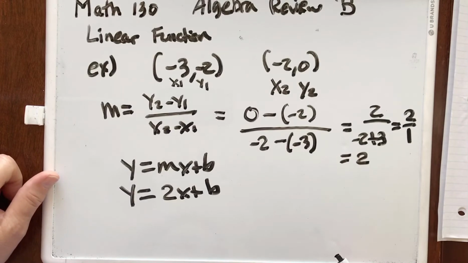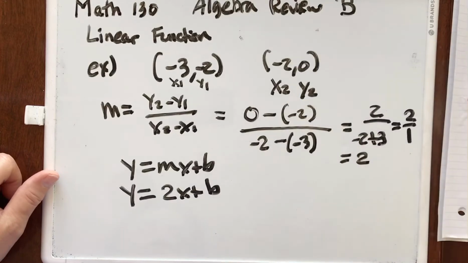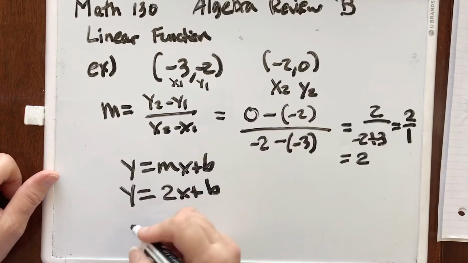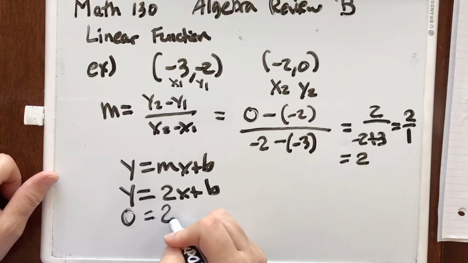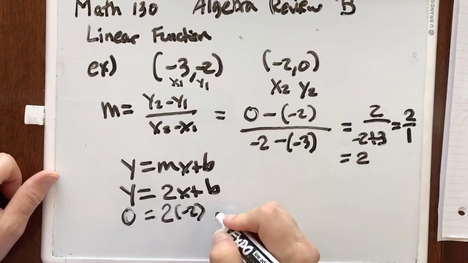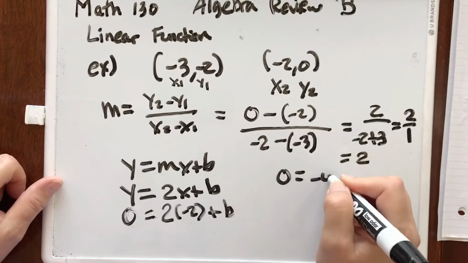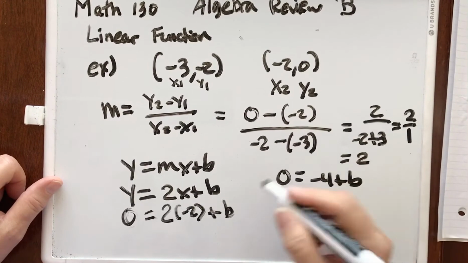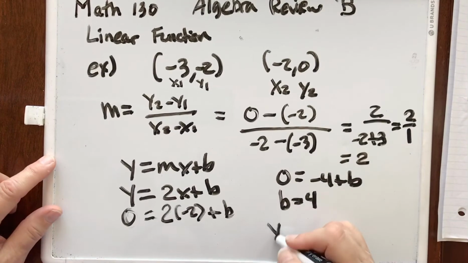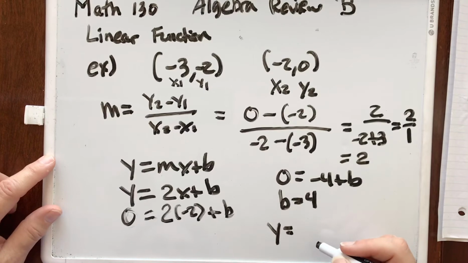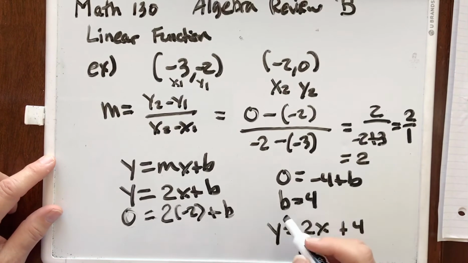I'll use this one, so y is 0. 0 equals 2 times -2 plus b. 0 equals -4 plus b. Add 4 to both sides, b equals 4. So now we can write our equation: y equals 2x plus 4.